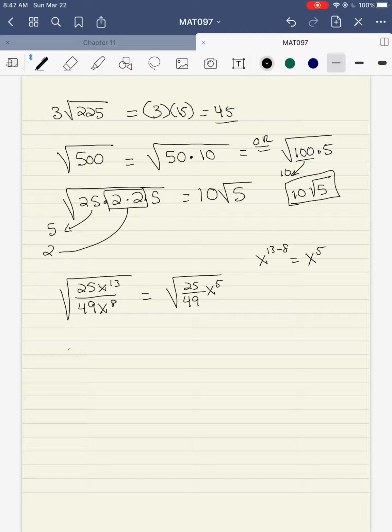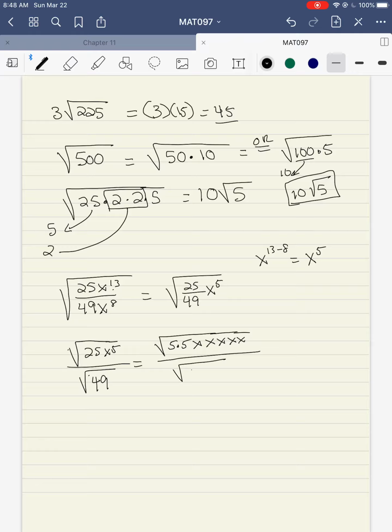So now if I break that apart, let's say I do square root of 25 x to the 5th over square root of 49. And I'm putting the x to the 5th in the numerator because there are more x's in the numerator to begin with. So when I do the subtraction problem, they stay in the numerator. So the 25 is a perfect square. It's 5 times 5. My x to the 5th is 5 x's.